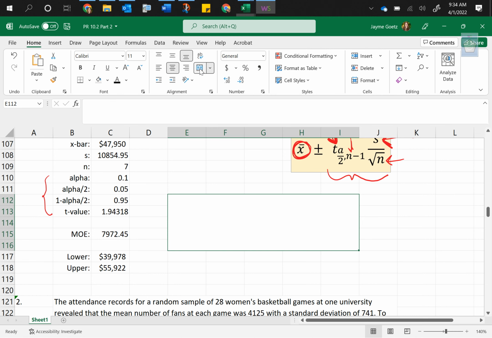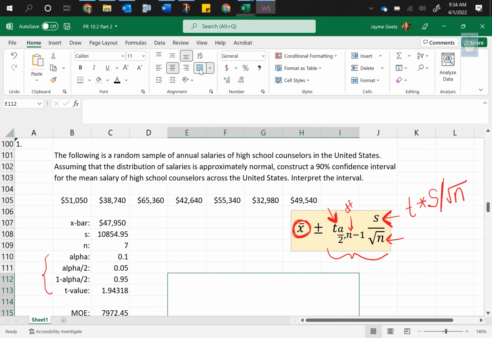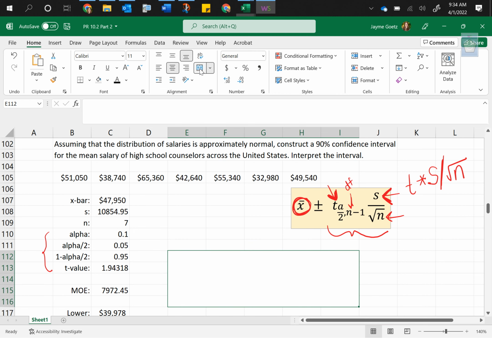So this problem was talking about high school counselor salaries in the United States, and they wanted a 90% confidence interval.